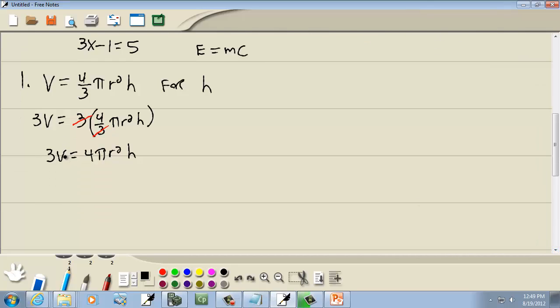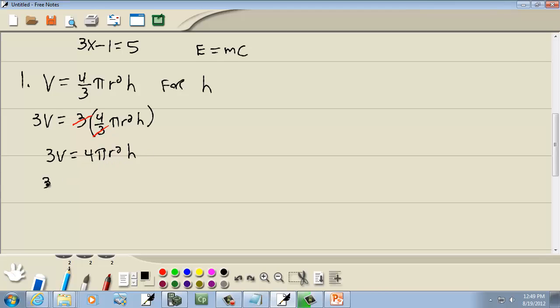Okay, so third step. Get everything with the variable we're solving for on one side, everything else on the other side. We're solving for h. Everything with an h is on the right side, and everything else is on the other side. So that's done. Step 4. If the variable you're solving for is in 2 or more terms, factor it out. Terms are separated by pluses and minuses. This is only in one term on the right side. Last step. Divide both sides by what is in front of or back of the variable we're solving for. There's nothing after the h, but in front of it is a 4 pi r squared.